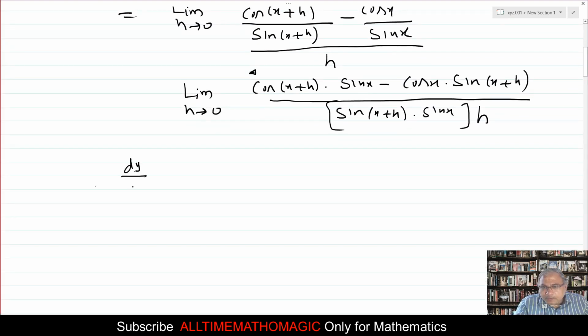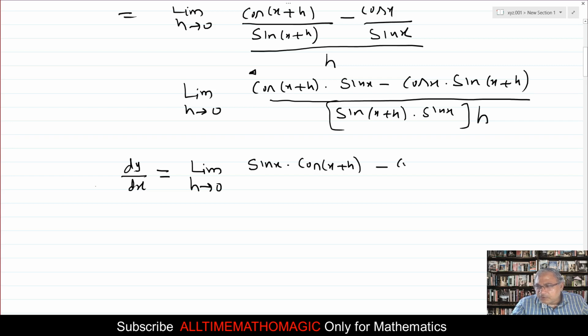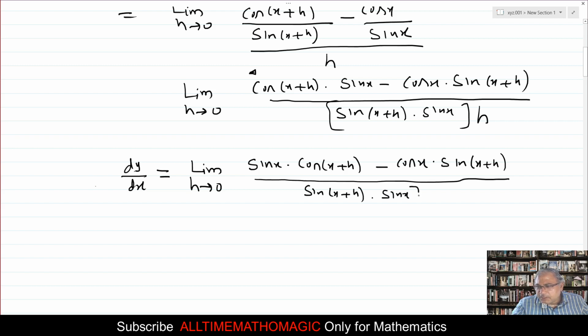Therefore dy by dx equals limit h tending to 0, writing properly, sin x cos of x plus h minus cos x sin of x plus h upon sin of x plus h sin x and h.